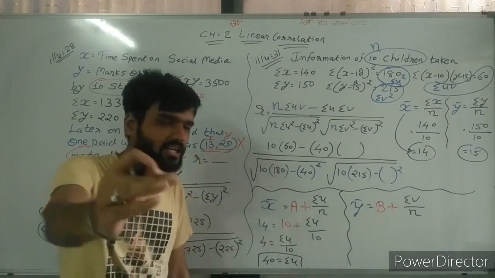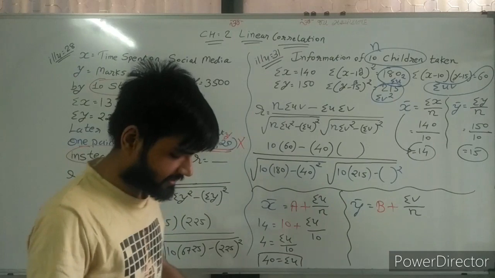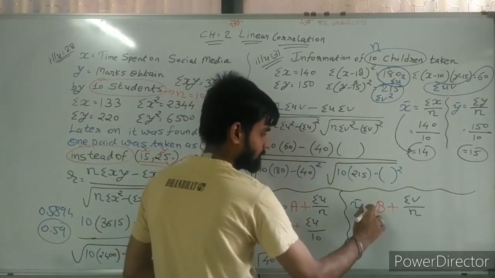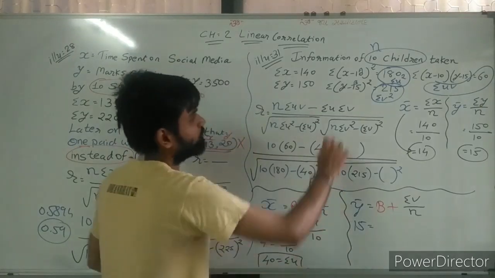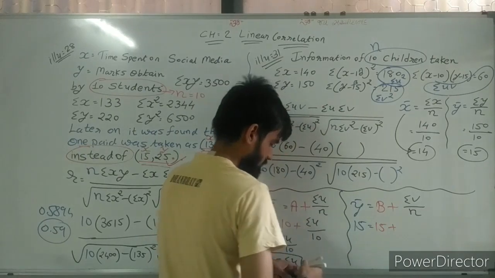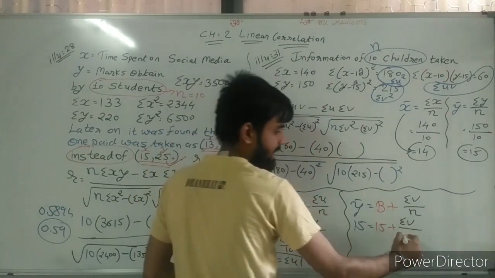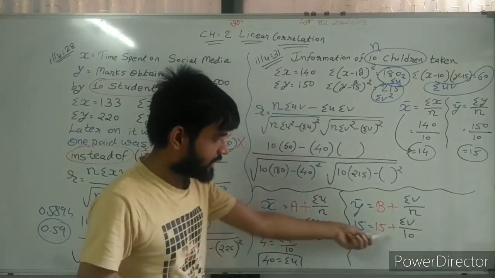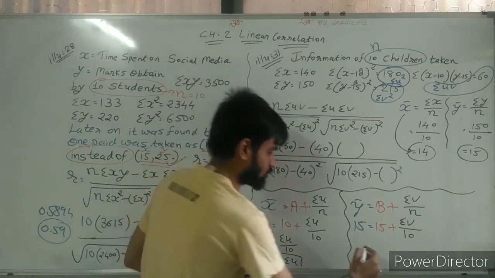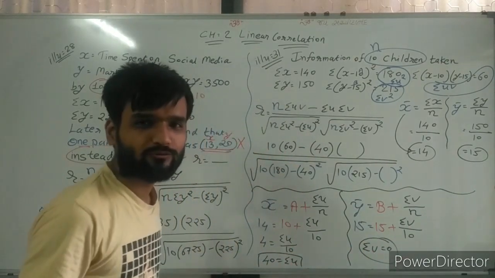Now from y bar, I can find the value of sigma v. See here, y bar is equal to 15, and the assumed value b is 15. Sigma v we need to find, and n is 10. Now 15 minus 15 is 0. Multiply 10 with 0, answer 0. So sigma v is equal to 0.